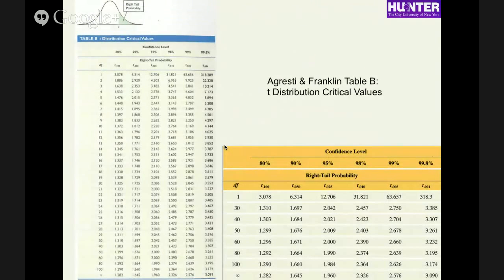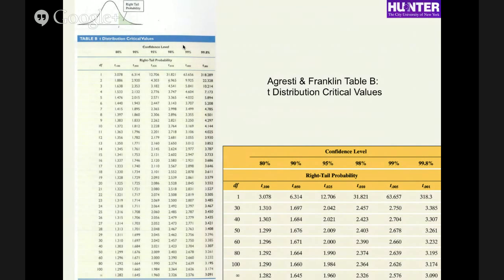This is just an example of what this table looks like. And here we have, for every row, a different number of degrees of freedom. And so as a result, you can't look things up as exactly, and the tables tend to only give you the critical values of t for common alphas.